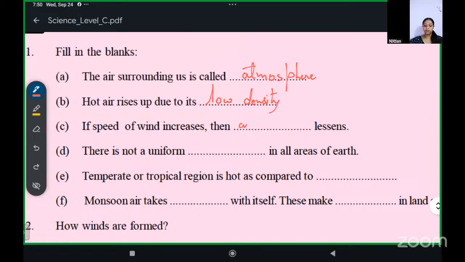Yes, air pressure lessens. There is not a uniform temperature in all areas of Earth. Tropical regions are hot as compared to polar regions. Yes.